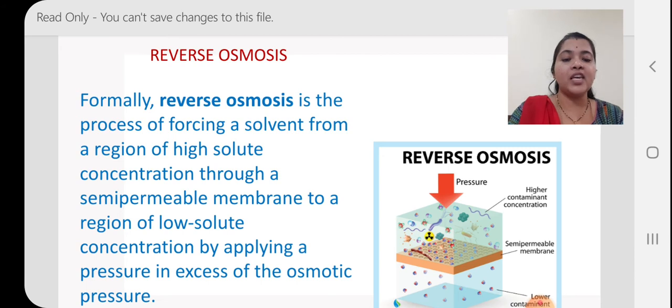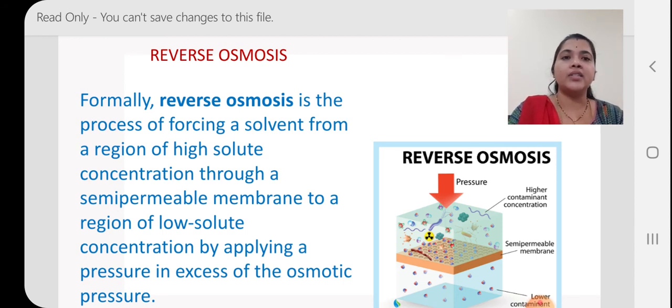When heavy pressure is applied on a salt solution separated from fresh water with a semi-permeable membrane, the water moves from the salt solution into the fresh water, leaving the salt behind. This process is known as reverse osmosis.